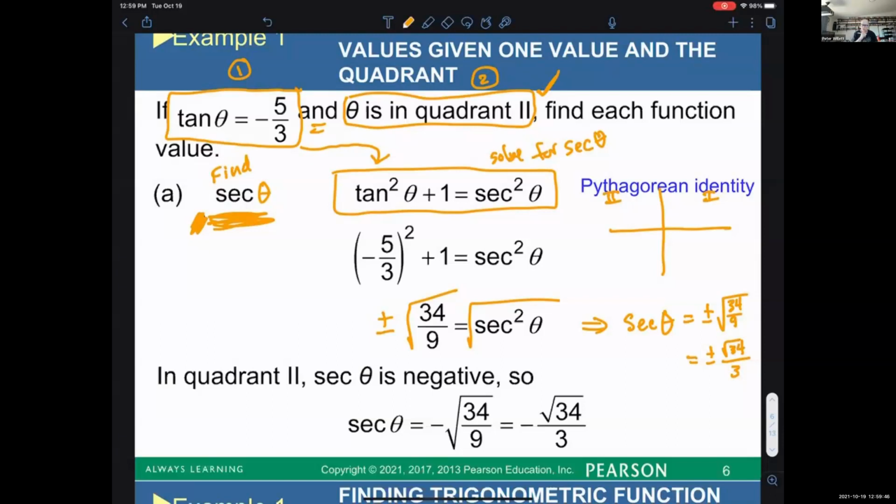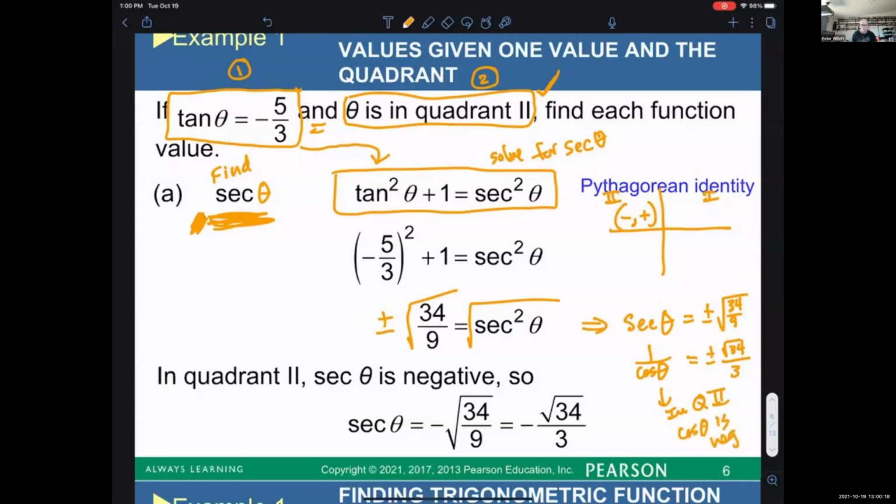Well, we can remember that secant is 1 over cosine theta. And cosine is the x value of the angle theta point. So in the second quadrant, the x value is negative and the y value is positive. So that means that in quadrant 2, cosine theta is negative.